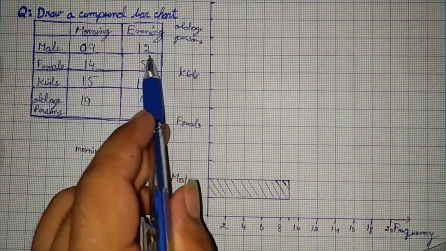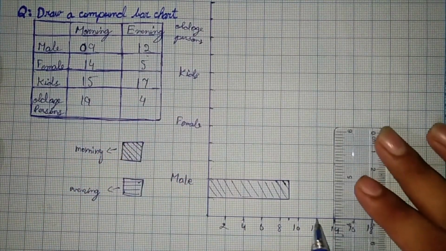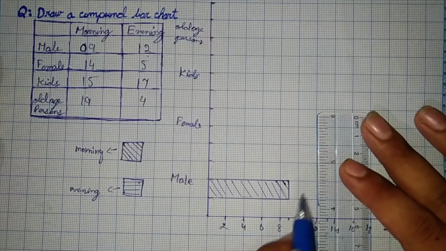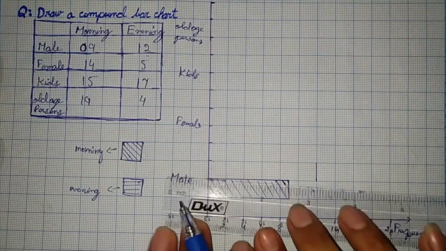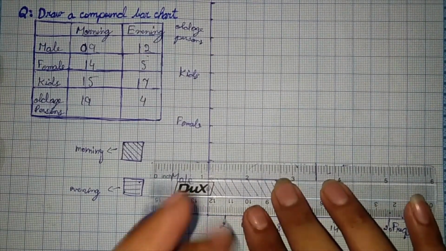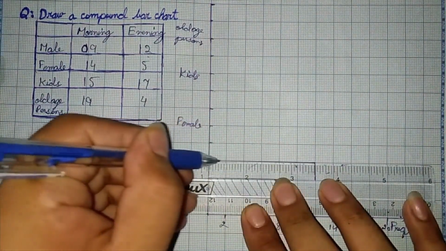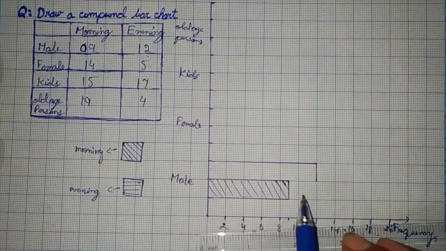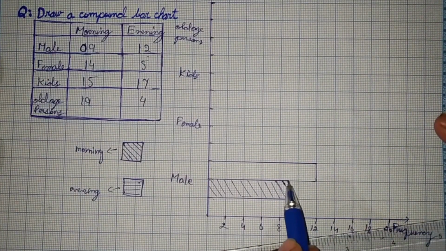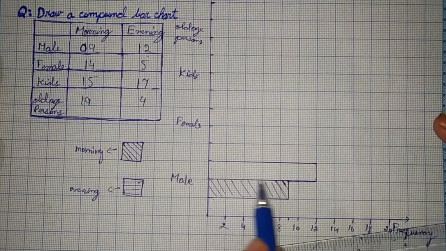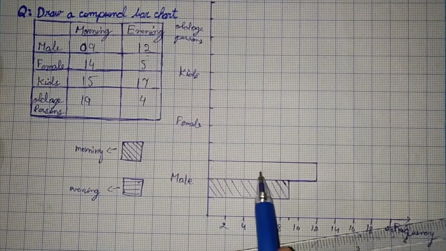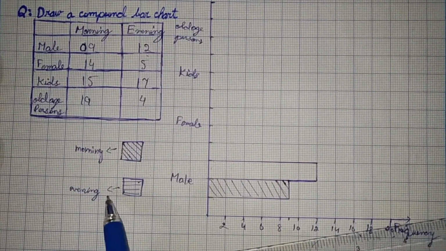Here we have a frequency of 12, which is this one. So I will draw a line here, and then this line, and now I will just join this line, because you can see this line is already present here. So this is the evening bar.